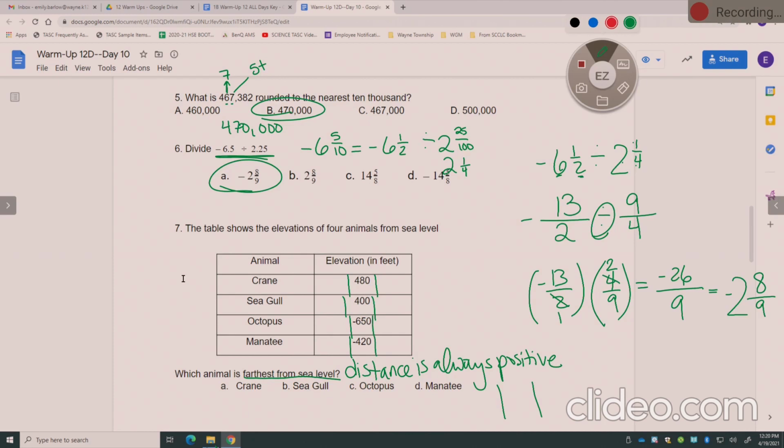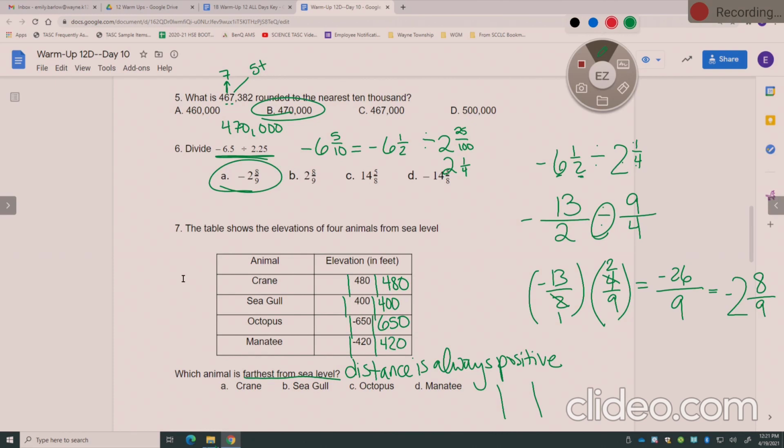So my absolute value of positive 480 is still 480. My absolute value of 400 is still 400. But my absolute value of negative 650 is a positive 650. And my absolute value of negative 420 is a positive 420.